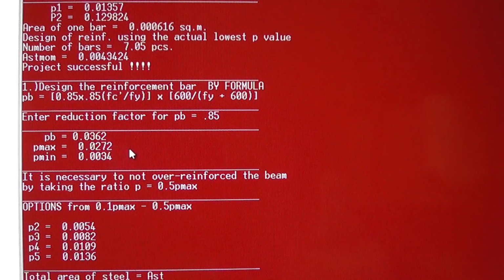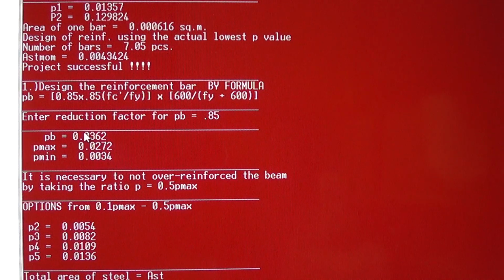So the ACI code provision says it is necessary to not over-reinforce the beam by taking the reinforcement ratio equal to 0.5 P maximum. The P maximum that we're talking about in this provision is the P1 right here. And also by formula here, the balance, they are identical.